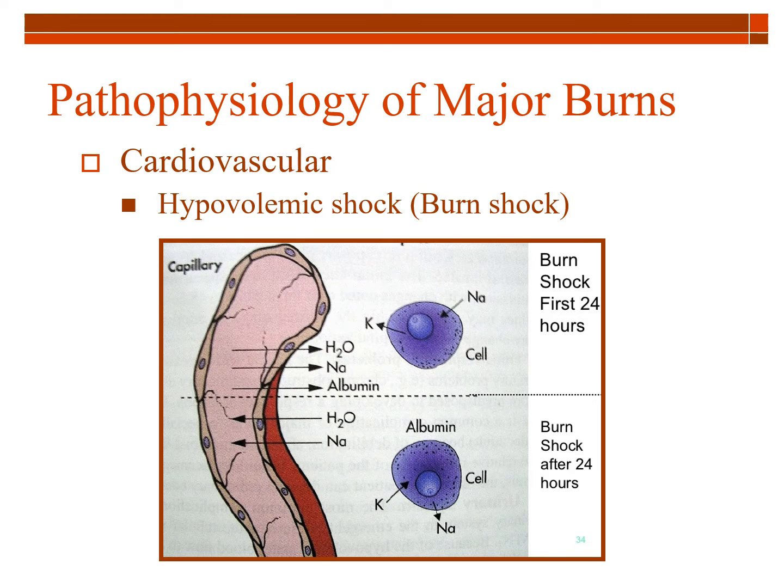Major electrolyte shifts of sodium and potassium occur during this phase. A potassium shift develops first because injured cells and hemolyzed red blood cells release potassium into the circulation. Sodium rapidly moves to the interstitial spaces and stays there until edema formation ends.